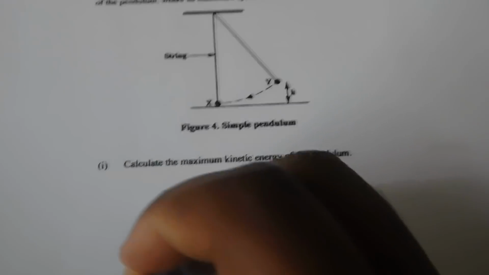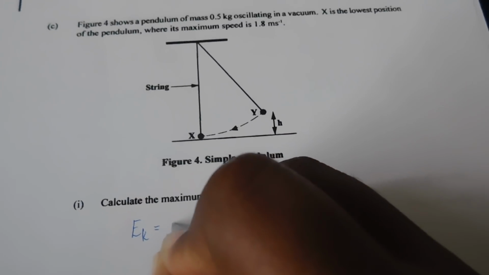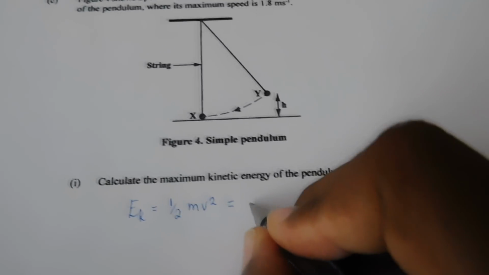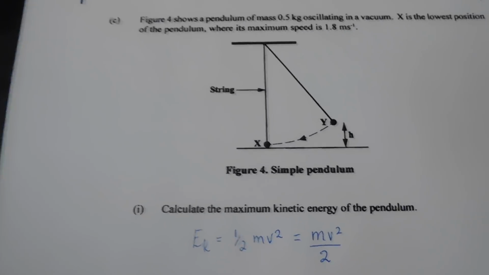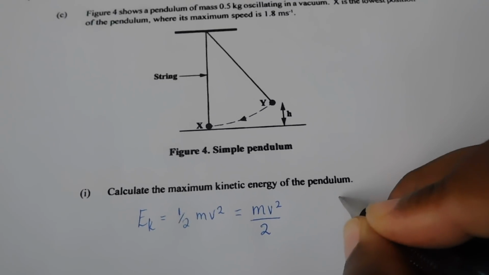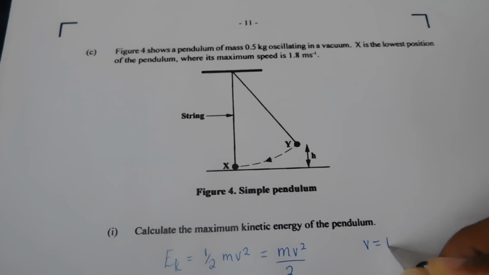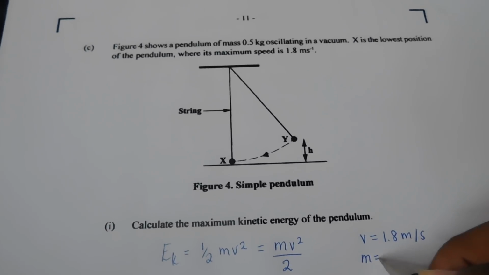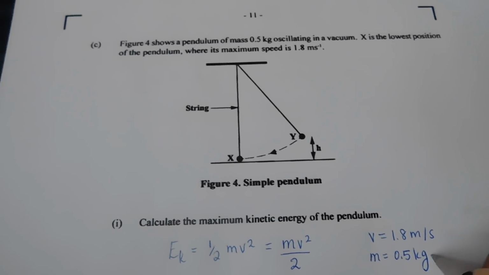So we know that kinetic energy, which is EK, is equal to a half mv squared, and to make it easier for you, you could say mv squared over 2. And we know that we have v, which is 1.8 meters per second, and we have the mass, which is 0.5 kilograms.